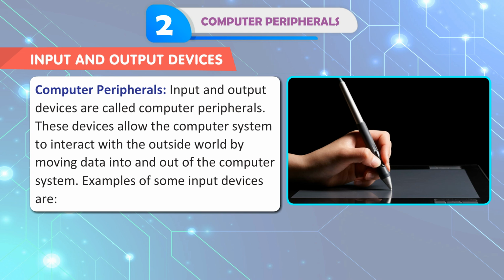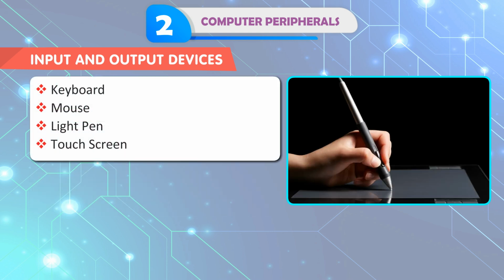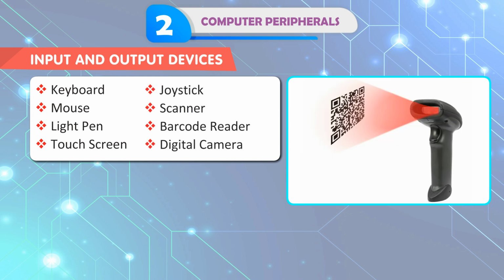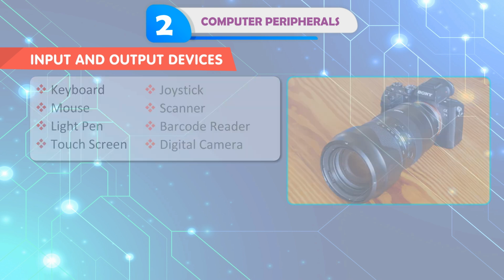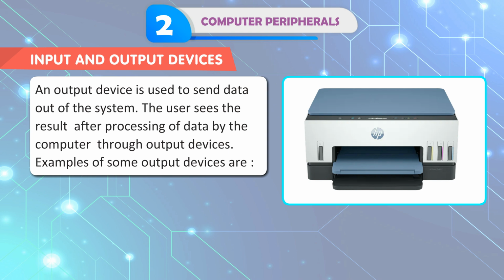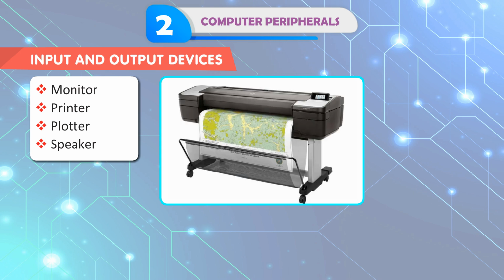Examples of some input devices are keyboard, mouse, light pen, touchscreen, joystick, scanner, barcode reader, and digital camera. An output device is used to send data out of the system. The user sees the result after processing of data by the computer through output devices. Examples of some output devices are monitor, printer, plotter, and speaker.